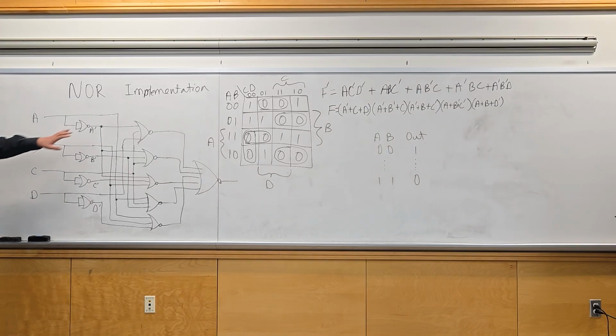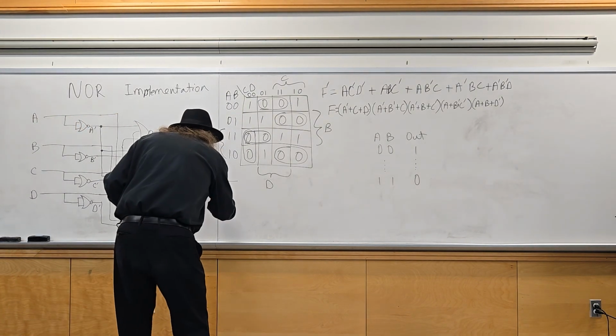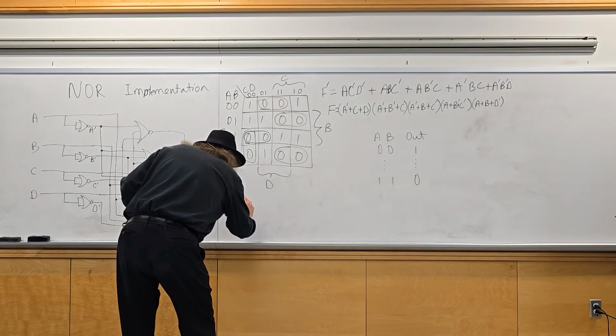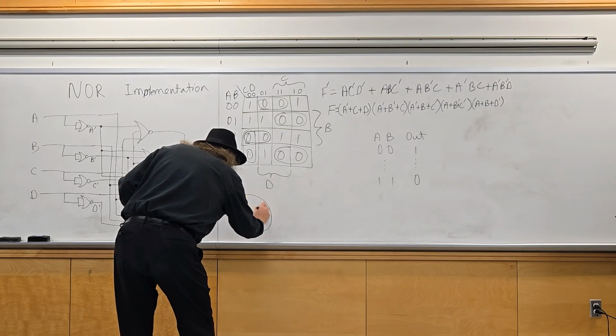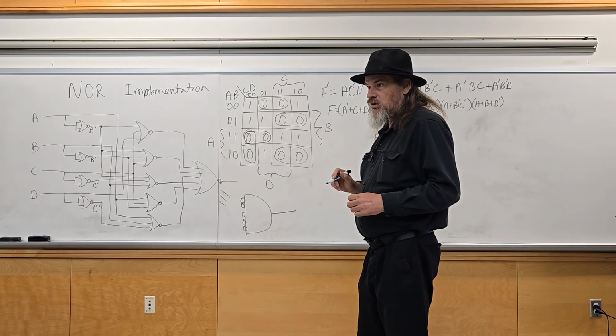It gets a little confusing in this area here, but if you just take it one step at a time, you can keep track of what you're doing. This is the equivalent of an AND gate with inverted inputs.